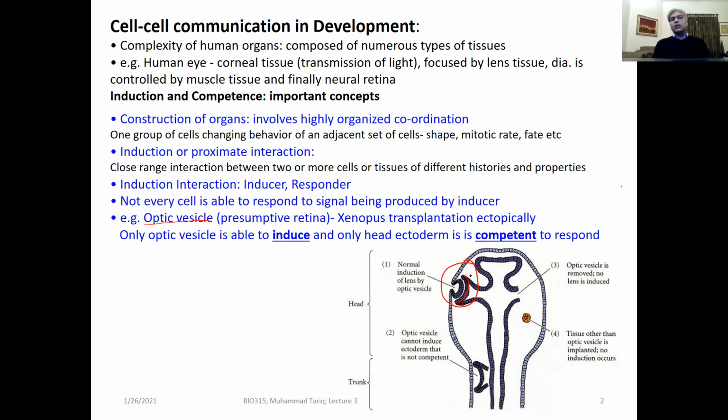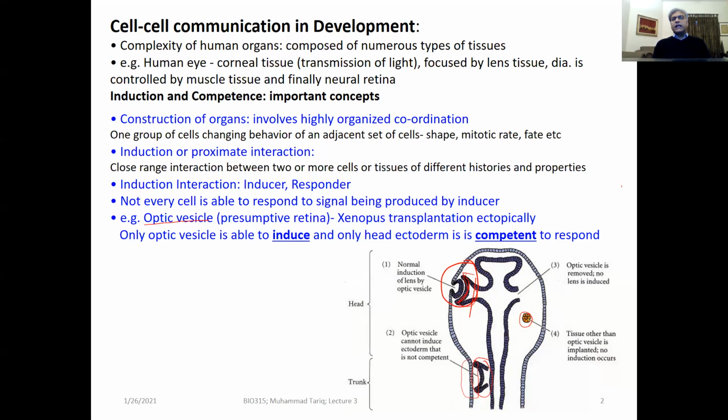If you now transplant this tissue, this optic vesicle, and bring it to a different location or altogether a different environment, here, this optic vesicle is not able to induce changes in these ectodermal cells.